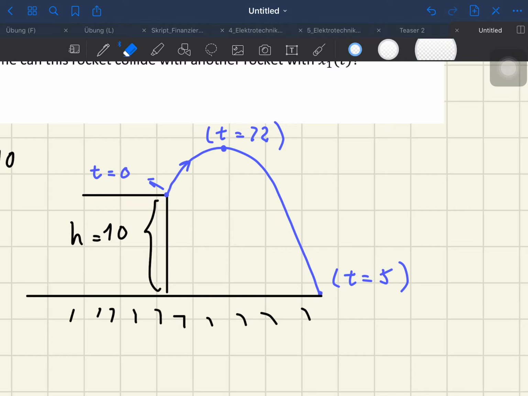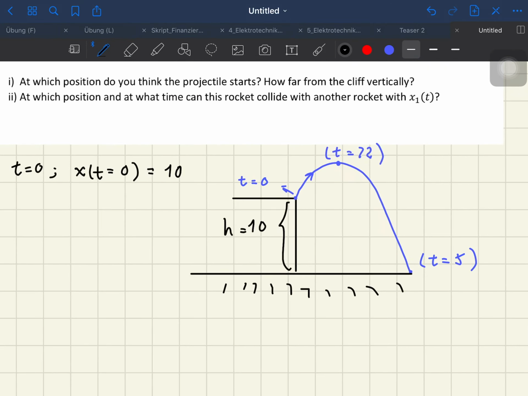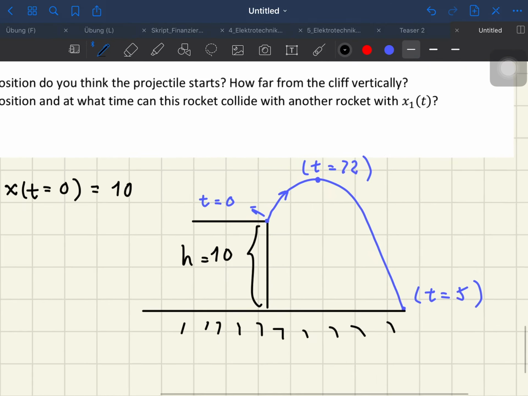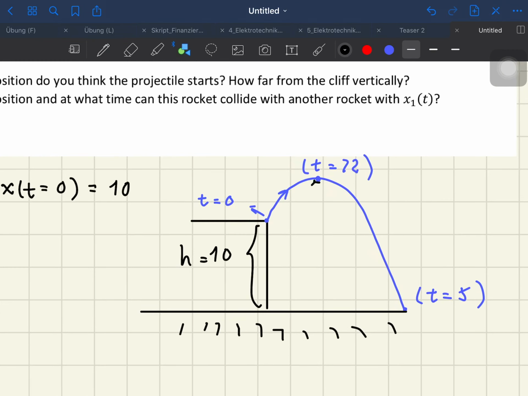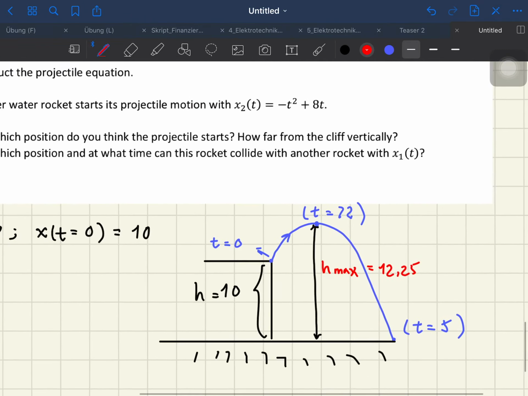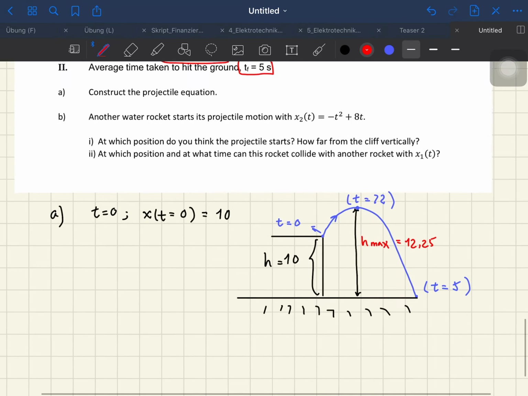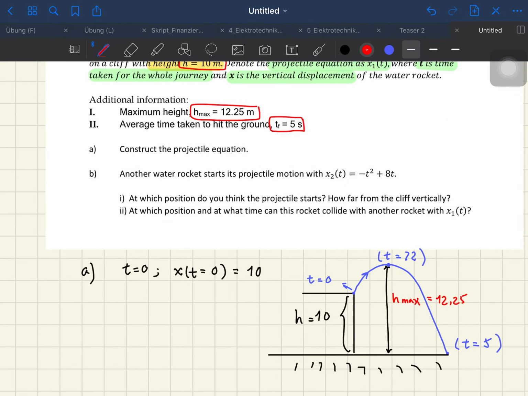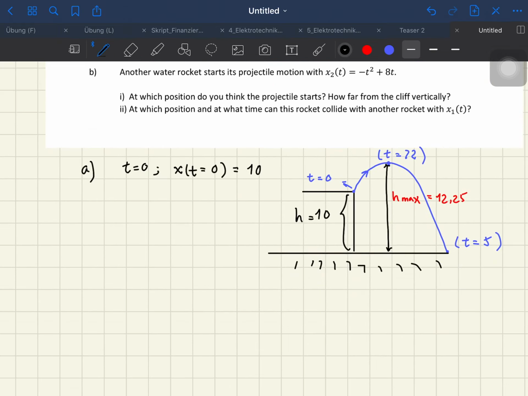We don't have to find immediately what t equals, but we know that the maximum height, the h max, very important, equals 12.25. Now we use the first piece of information, which is the maximum height equals 12.25.